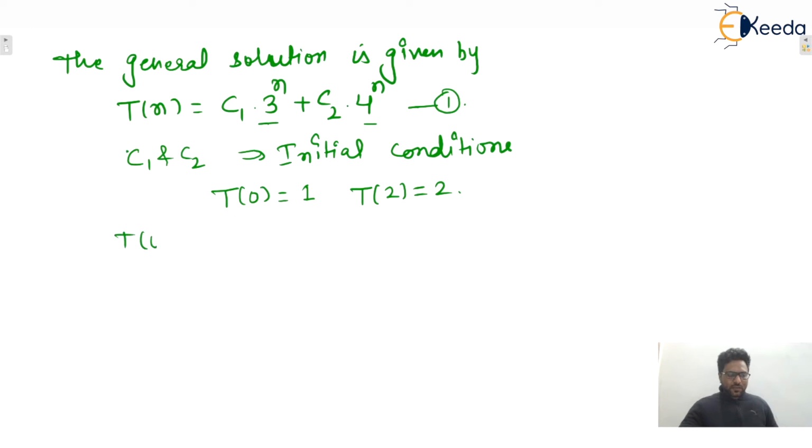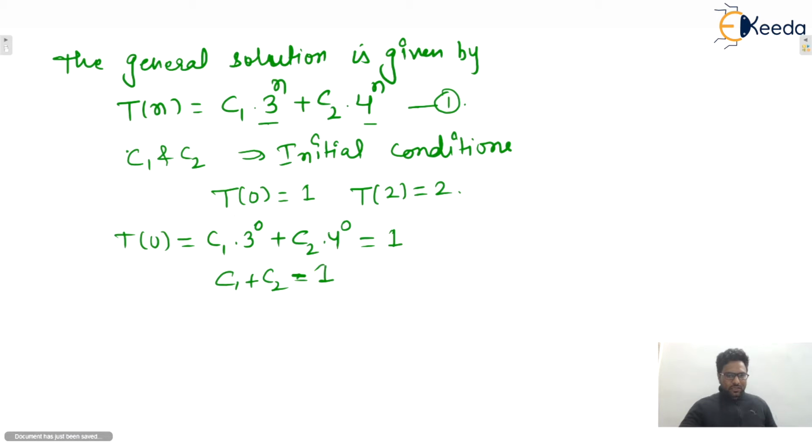So we get t of 0 equals to c1 into 3 raised to power 0 plus c2 into 4 raised to power 0, that is equal to 1. So c1 plus c2 is equal to 1. I hope this one is clear to you. Okay. Next one, you only tell me, second initial condition is t of 2.